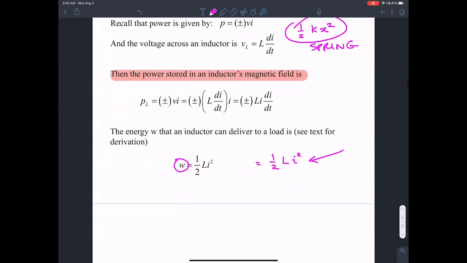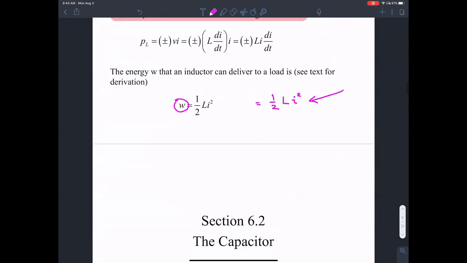When we go further and see the capacitance, the energy stored in a capacitance would be 1/2 CV squared. Okay, so that's the idea.